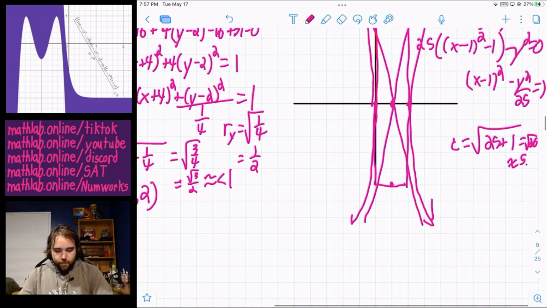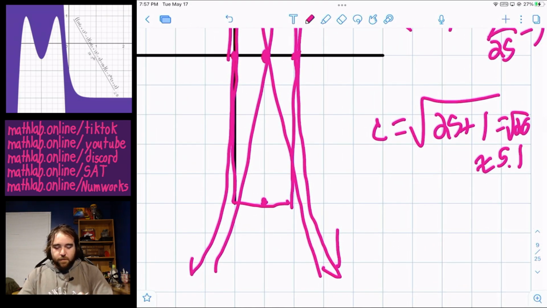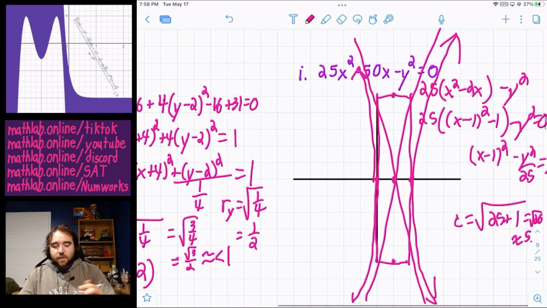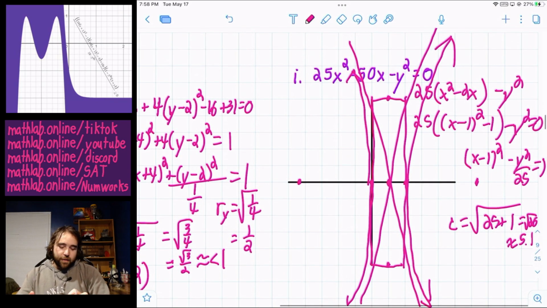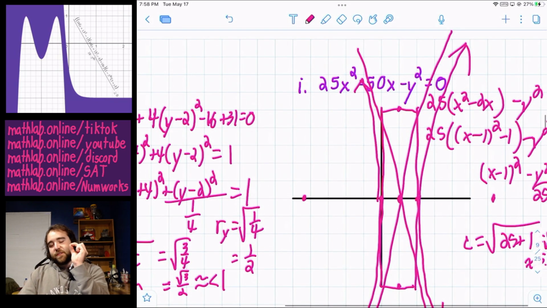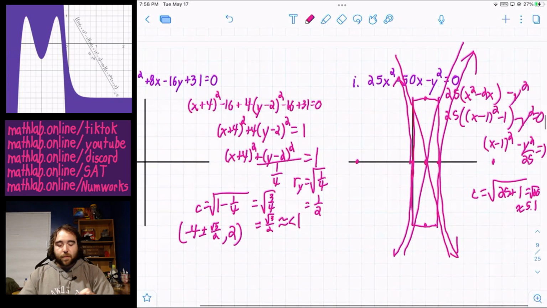Yeah, that makes sense because it would be outside of the box. So 1, 2, 3, 4, 5. And 1, 2, 3, 4, 5. Because they're really far away if it's opening wide. And if it was opening up and down, then it's like 5.1. They would be just outside the box. They're really tight if it's like a skinny hyperbola.